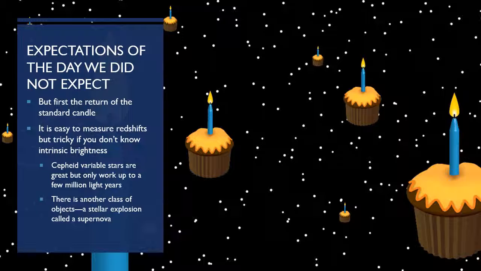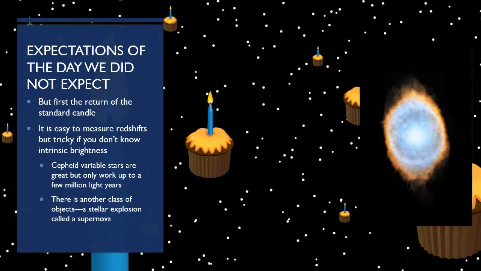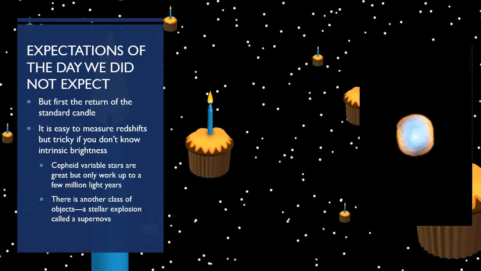And so Cepheid variable stars, that was something that we had discussed previously, and they're great, but they really only work out until maybe the Andromeda galaxy. But that's it. That's only a few million light years away. This is not billions of light years away. And so it turns out that to get such an object, you would need something that is really, really, really bright. In particular, something like that.